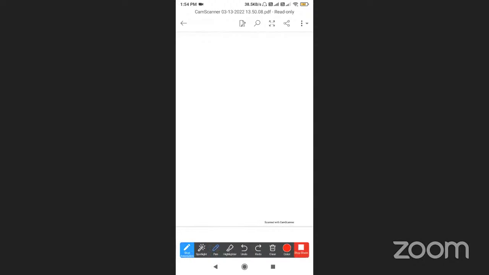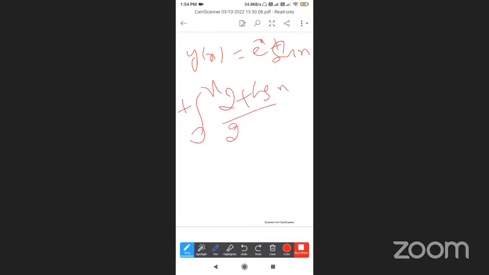So this is the question. Y of x is equal to e power of x sin x plus integral 0 to x, 2 plus cos x by 2 plus cos t into y of t dt.